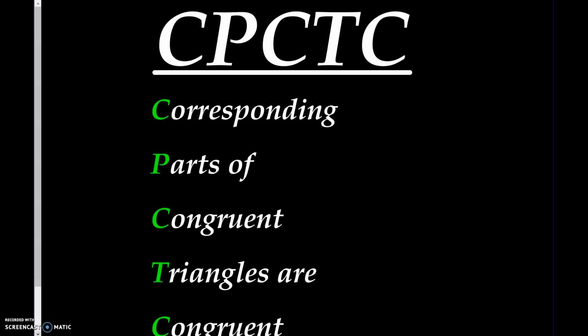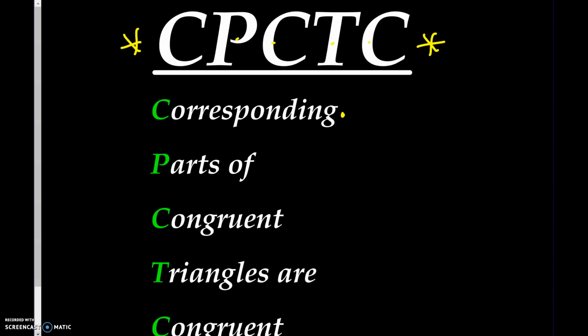So mathematicians have a new acronym, CPCTC. Corresponding parts of congruent triangles are congruent. So instead of us having to write all of this out with these long words, we can just use the short acronym of CPCTC. Corresponding parts of congruent triangles are congruent.